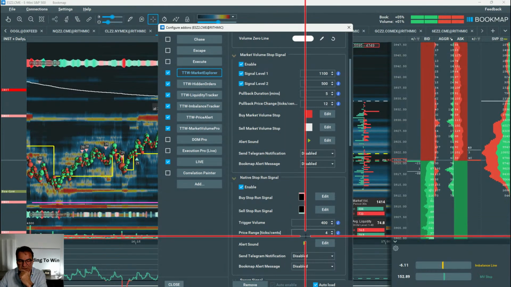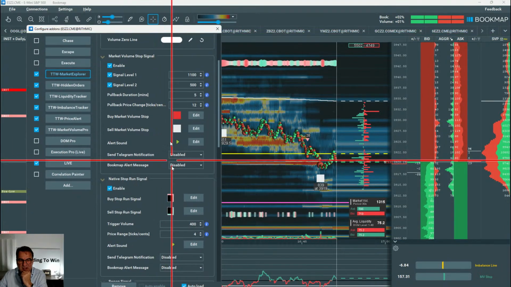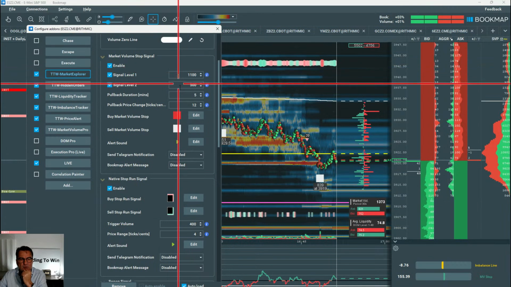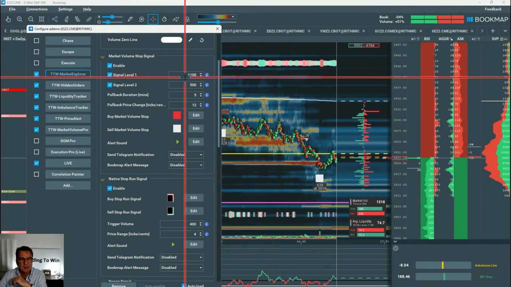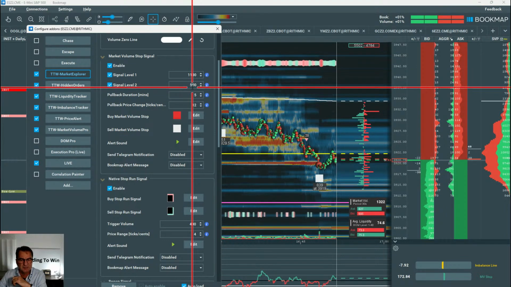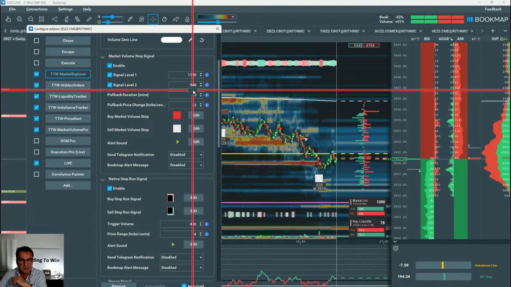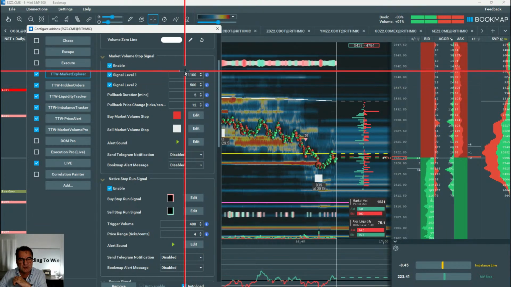By the way, I have set my native stop runs. I would like to show you a stop run here, but I just want to see the big ones. So I have reduced my market volume stop signal to 1100 and 500 here, because the market volume was low yesterday and today it's low as well.